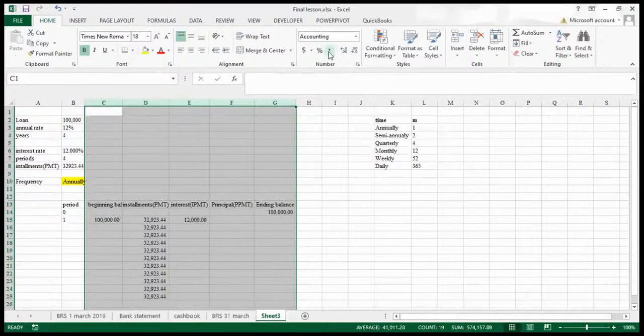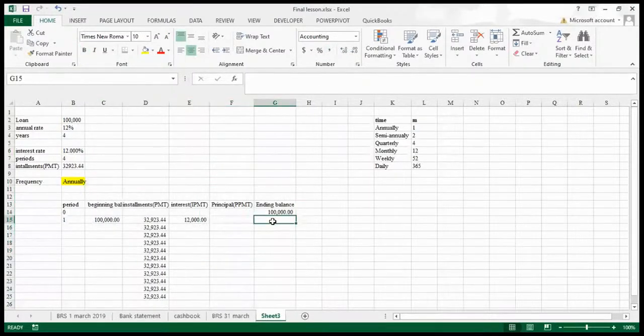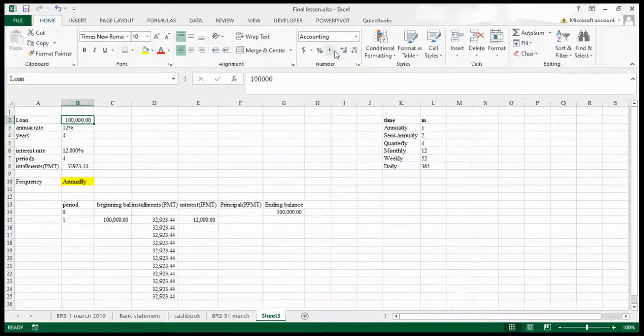Then I come here and make it 2 decimal places. So that is what we have for our loan and the interest amount that we need to pay. So we've automated this interest.